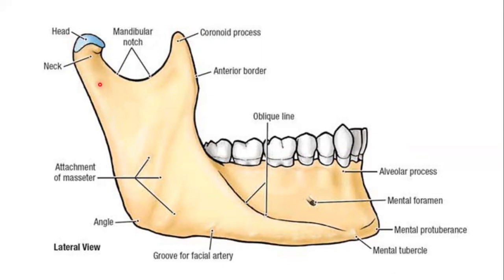Then there is the condyloid process, from the posterior border of the ramus, and it has a head and a neck. The head is expanded in all directions. It has an articular facet covered with fibrocartilage, and this forms the temporomandibular joint, articulating with the mandibular fossa of the temporal bone. Below is the constricted portion, the neck.